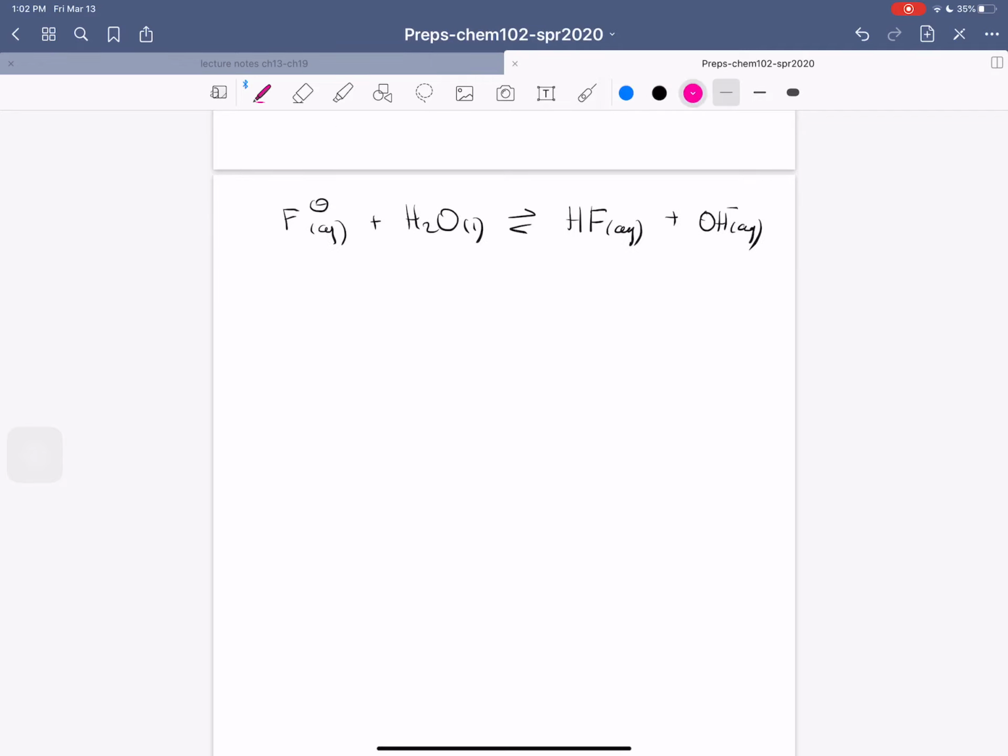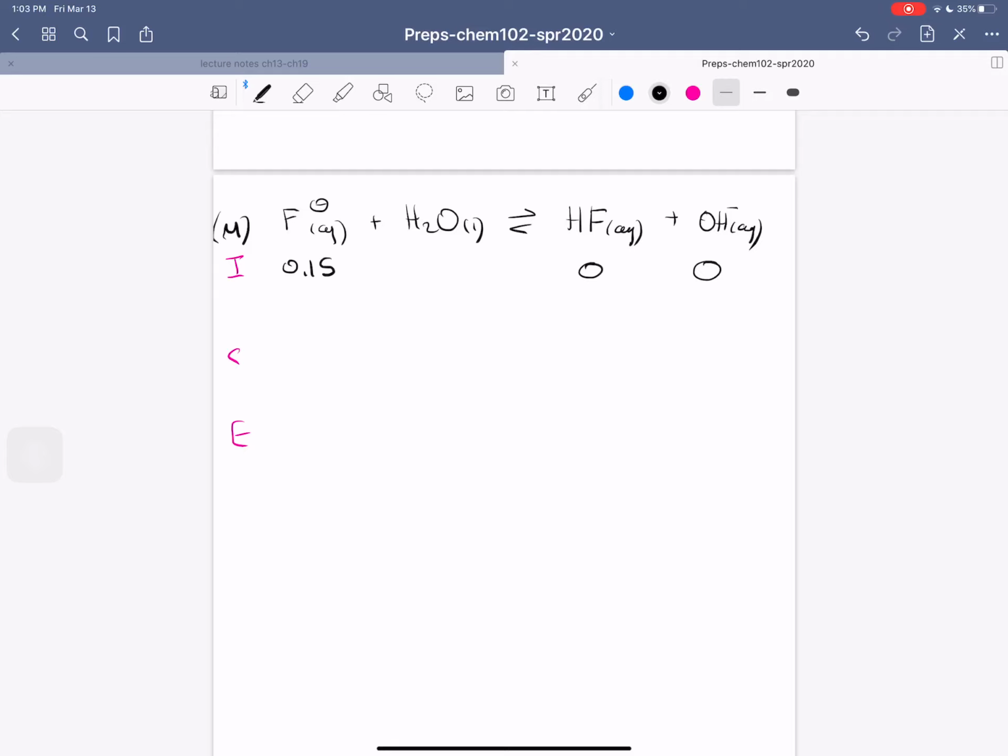So then we have to set up the ICE table, right? And in this case, I have 0.15 molar concentration of the fluoride. So let me just put M right here, okay? And at the beginning, before all this chemical reaction happens, I don't have any hydrofluoric acid and OH minus.